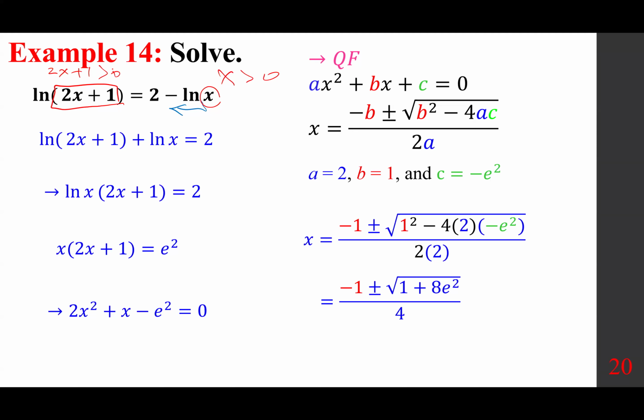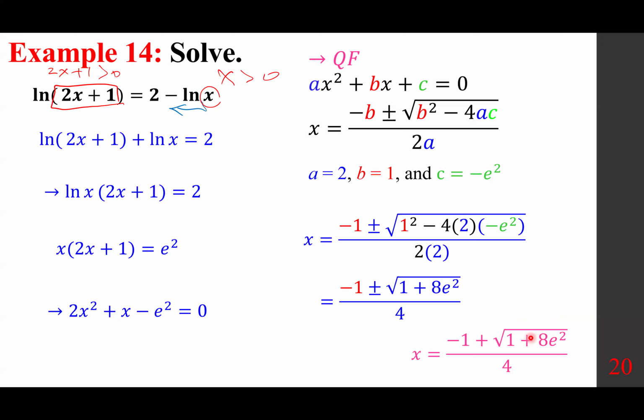I hope you recognize that this has two answers: negative 1 minus the square root of 1 plus 8e squared over 4, and negative 1 plus. If you use the negative one, it's not going to work out because x must be positive. So you can only use the plus sign.